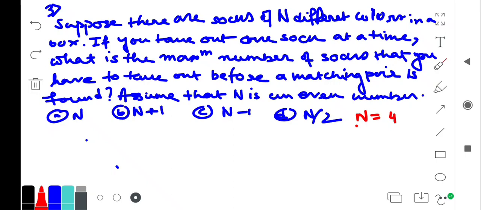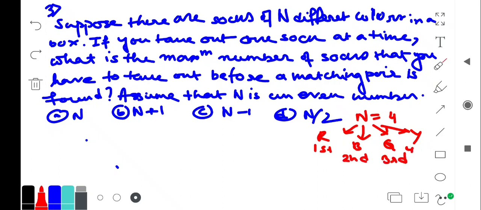Suppose there are red socks, blue socks, green and also yellow. Okay, red, blue, green and yellow. So let the first one be red, second one blue, third one green and fourth one yellow.